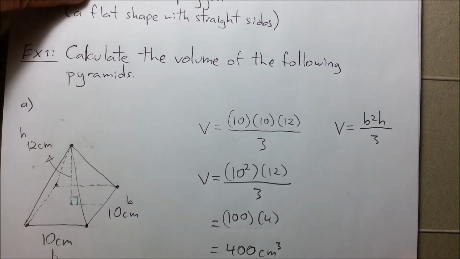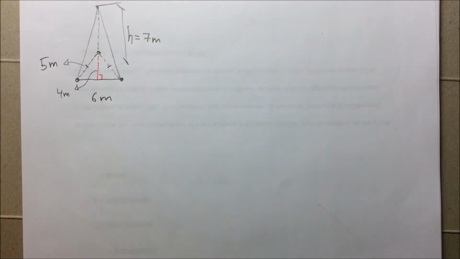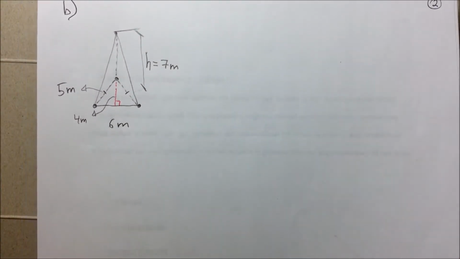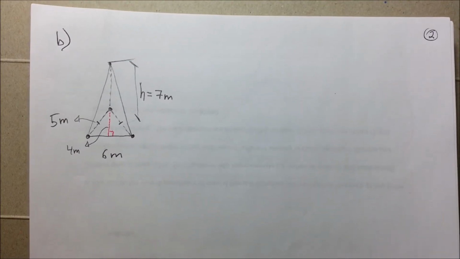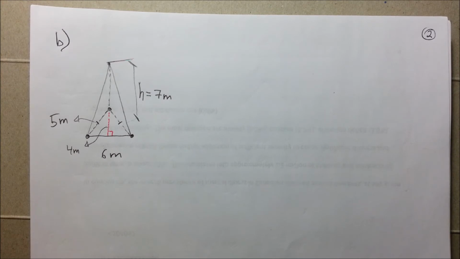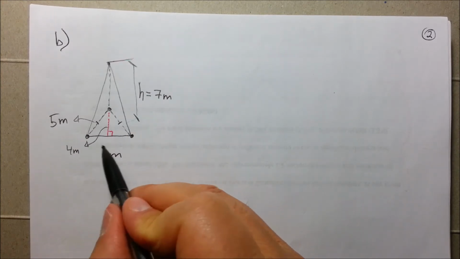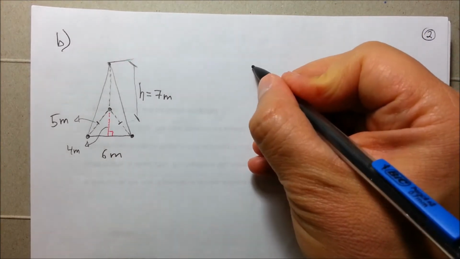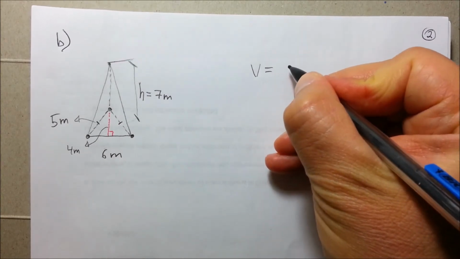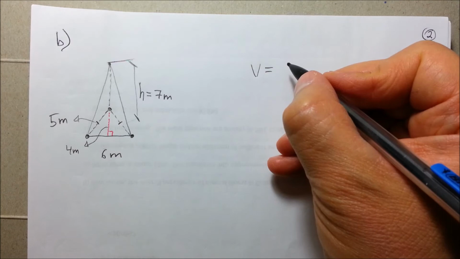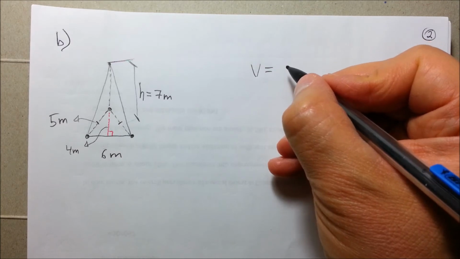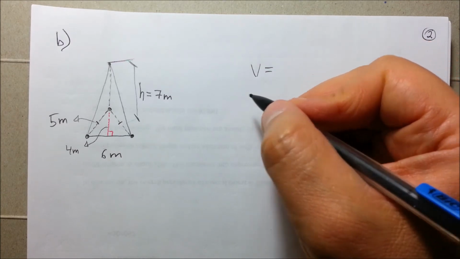Let's take a look at another example. And we have, I don't know if you can see it properly, a triangular-based pyramid. Okay, now they give us dimensions here. Let's write down the formula for the volume of a triangular-based pyramid.